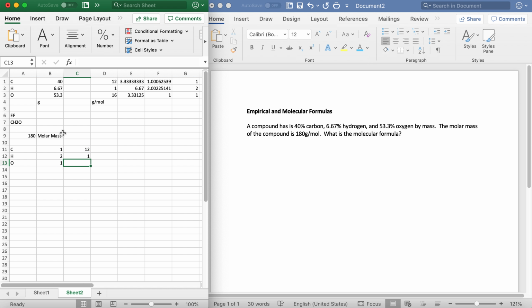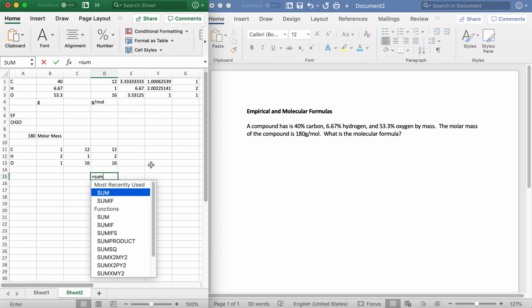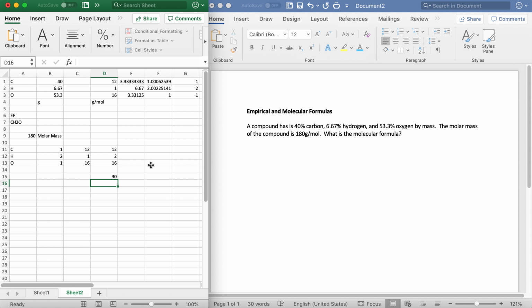I know of hydrogen it's 1, and of oxygen it's 16. And I'm simply going to take the molar mass multiplied by the number of atoms I have in my formula. So this times this equals this, copy and paste, and it applies that function to the associated values. And then I take the sum of this, and this gives me the mass of CH2O.